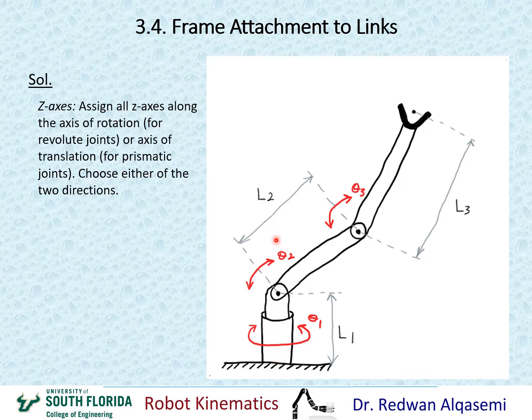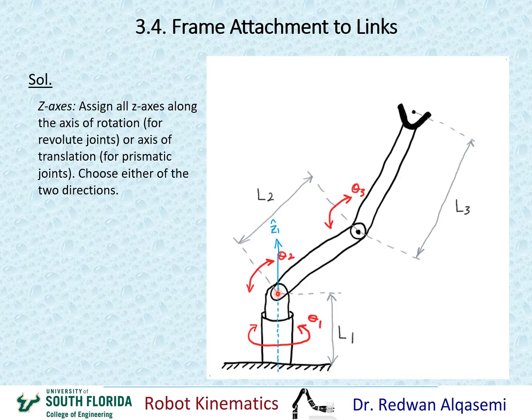So I can choose my arrowhead to be either going up or going down. Both of them are correct answers. So I'm going to choose it to go upwards, and that's my Z1.